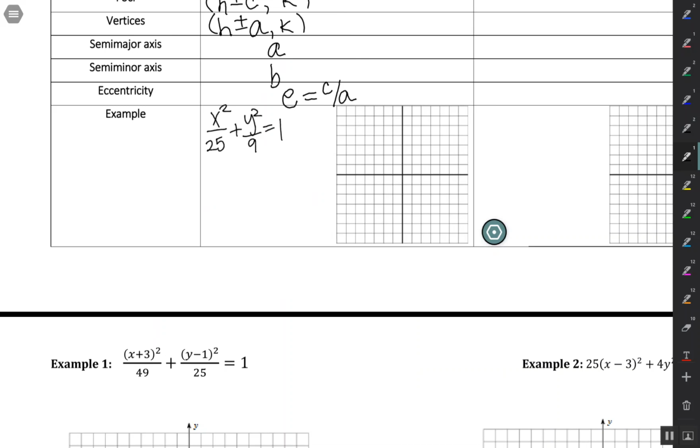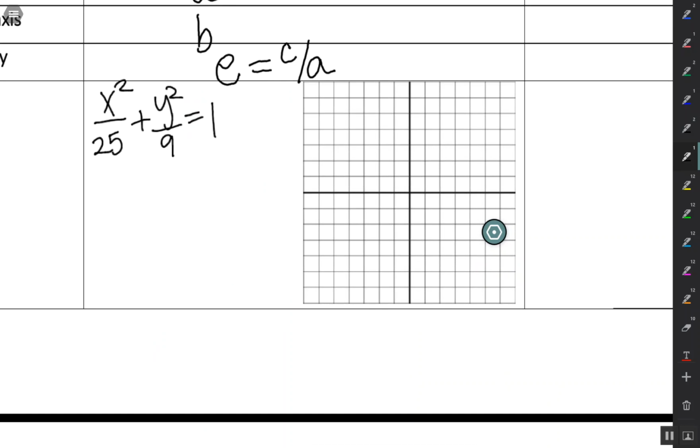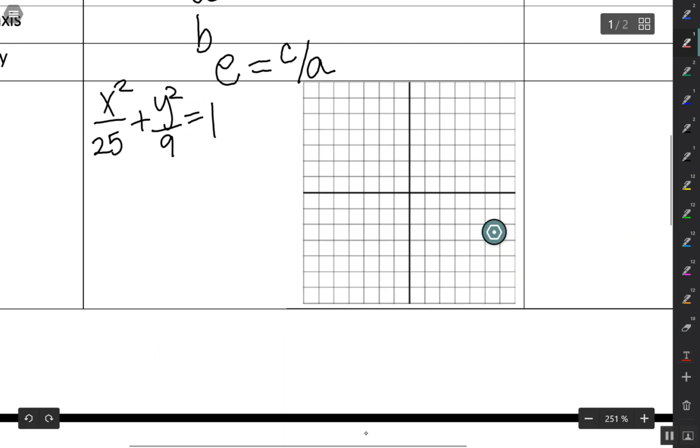To begin with, I'm just going to keep it centered at the origin so that you can see the rest of it, and then we'll throw h and k into the mix. The first thing I'm going to do is find a and b. So 25 is a squared. If a squared is equal to 25, we know that a is equal to 5. We just take the square root.